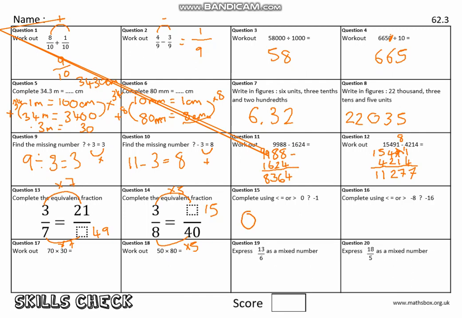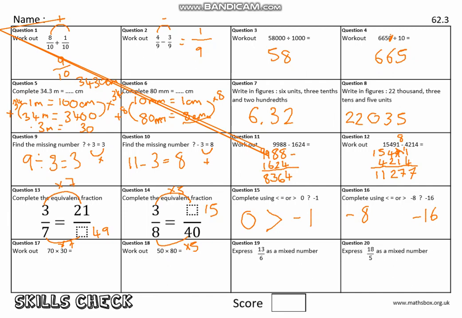We've got 0 and we've got minus 1. Now you have to remember, the big end points towards the bigger number, okay? So like the crocodile eats the bigger number. So what is bigger, 0 or minus 1? So 0 is bigger, so the crocodile is going to eat the 0. Next one, we've got minus 8. And we've got minus 16. So again, we need to figure out which one is bigger.